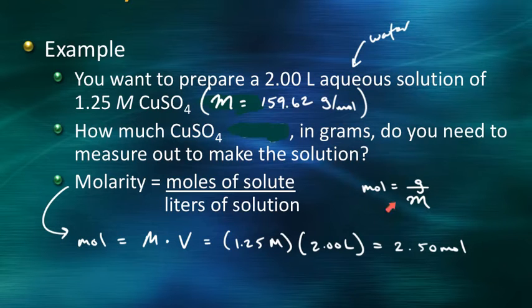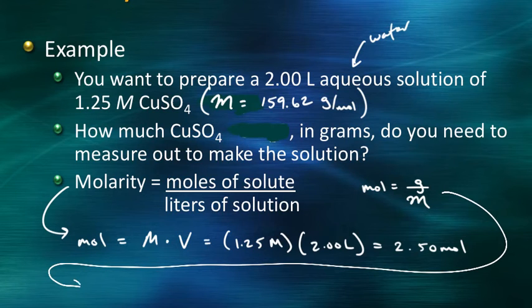Then from there, we can plug this into the equation over here. We have the moles now, and I also have the molar mass from the problem. So rearranging that equation for grams, grams equals moles times molar mass. We have 2.50 moles.